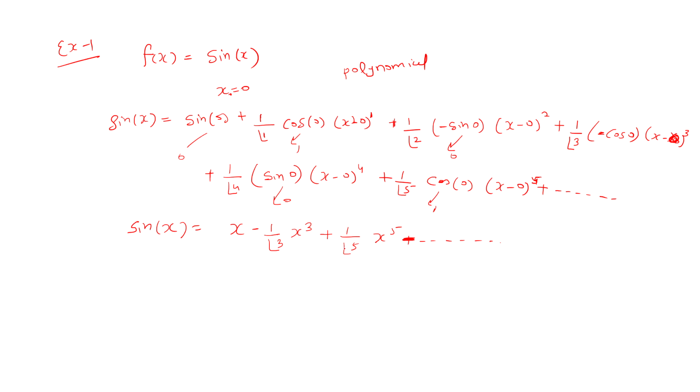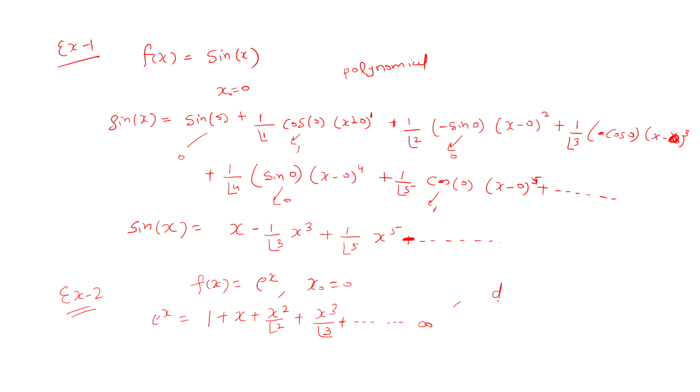Similarly, this is my example number 2. If I write down the Taylor series expansion of function f of x is equal to e to the power x, taking x naught is equal to 0, that will come out to be 1 plus x plus x square upon factorial 2 plus x cube upon factorial 3, plus this will go till infinity.